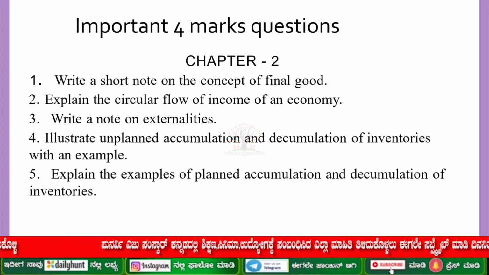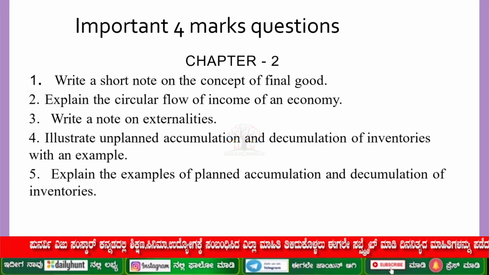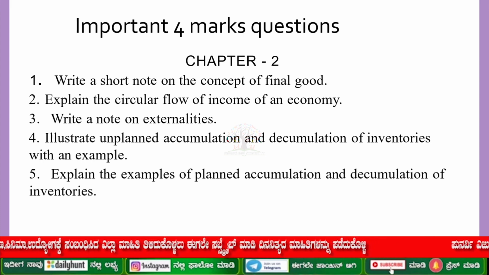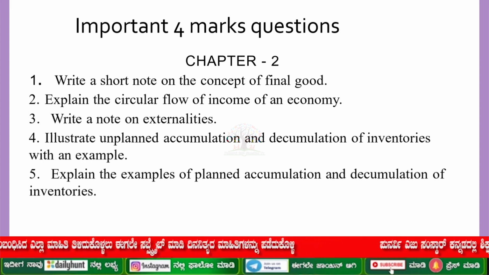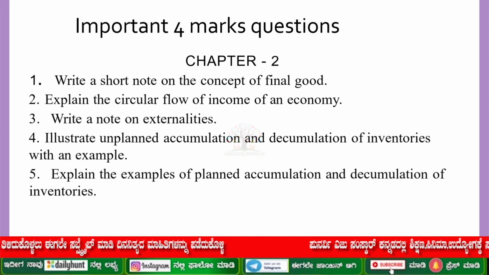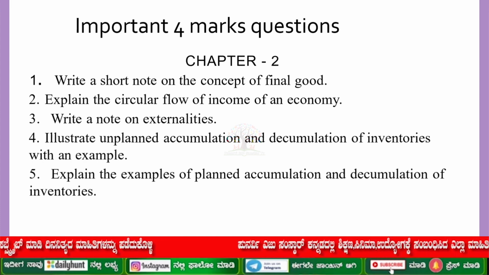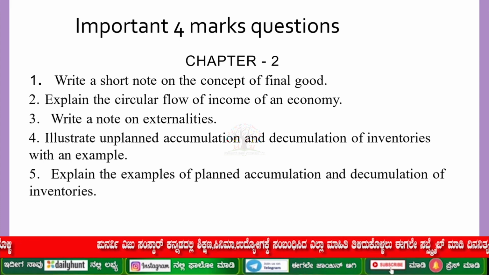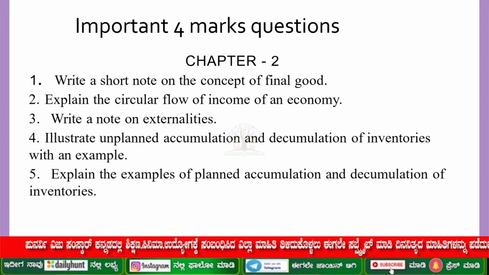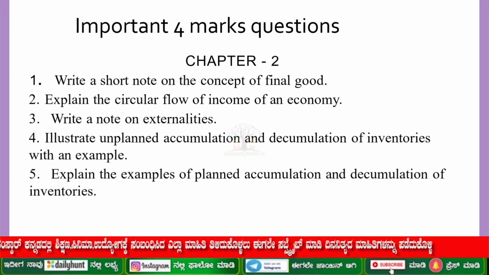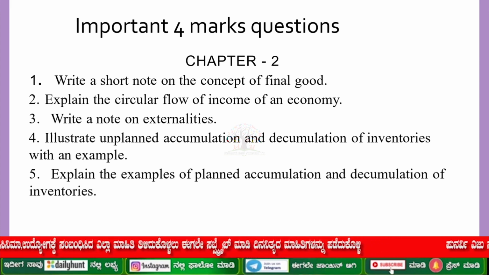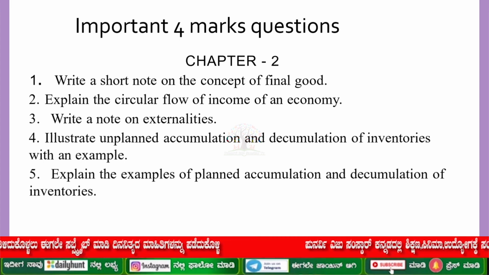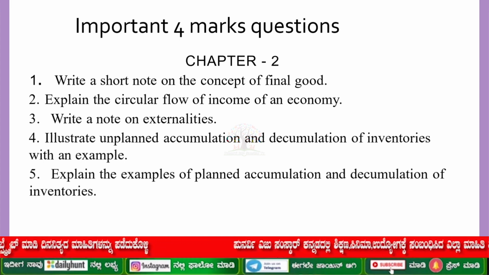Macroeconomics 2nd chapter, dear students, that is national income accounting. From this chapter, you can expect 2 4-mark questions. Out of these 5 important questions, you need to answer 2 questions of 4 marks. So if you prepare 5 out of 5, you are going to answer 2 questions. So give much more importance to this chapter and prepare very well.